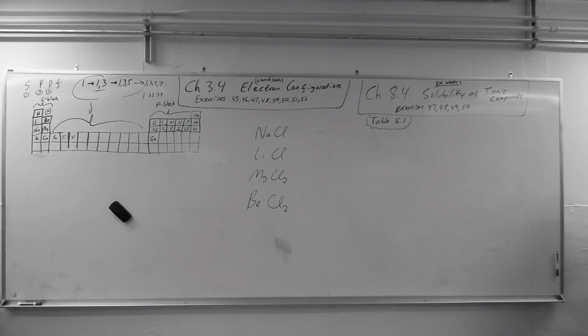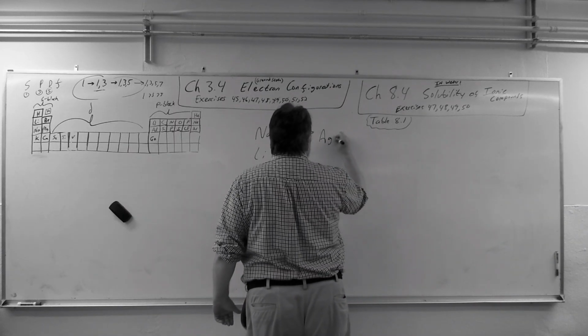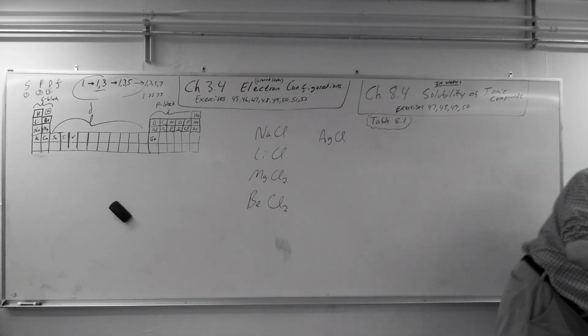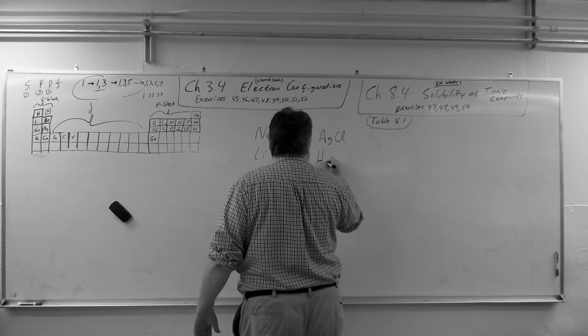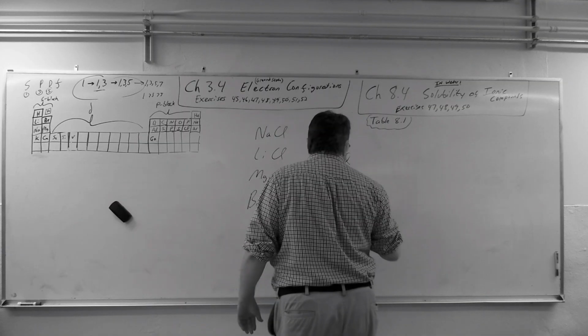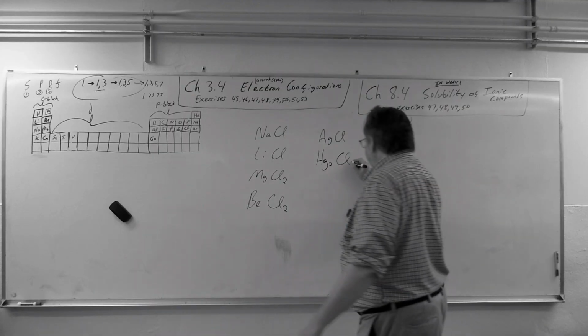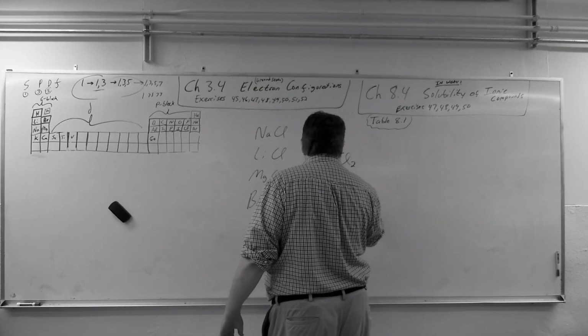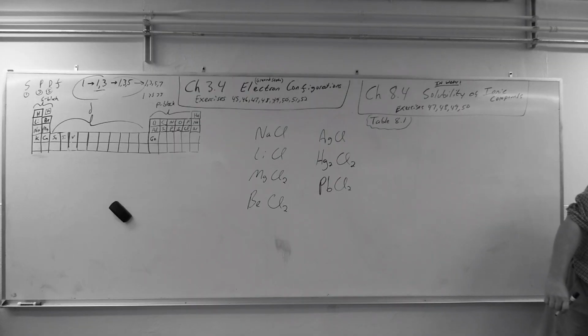It's telling you that in this column, these are always soluble in water, except AgCl, Hg2Cl2, where Hg2 is one of those polyatomic ions with charge 2 plus, and one more.